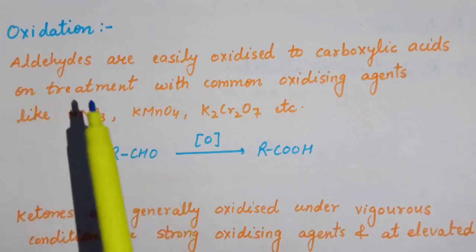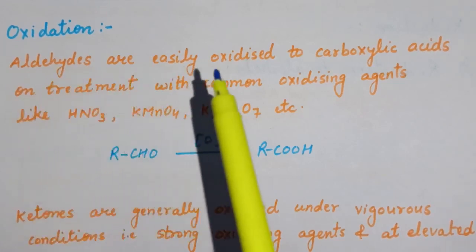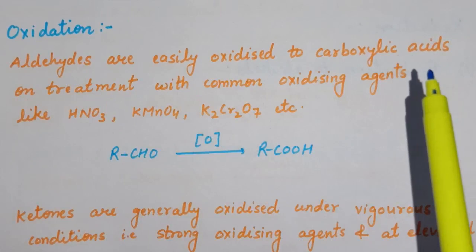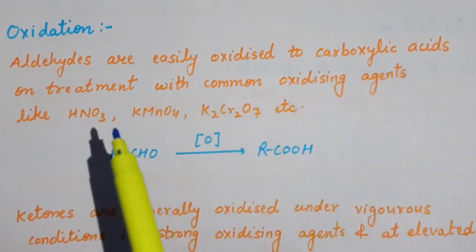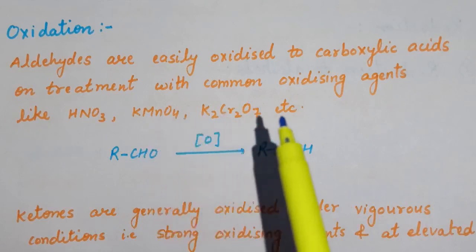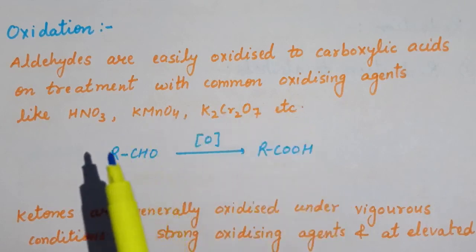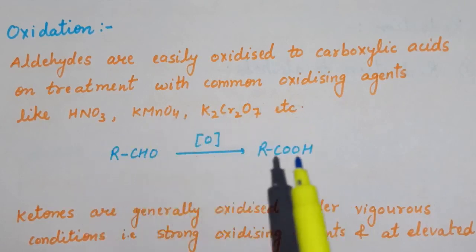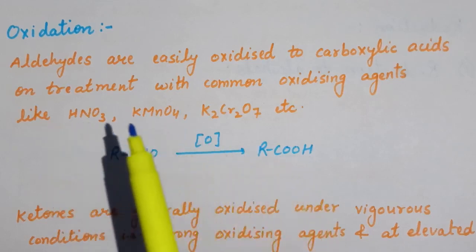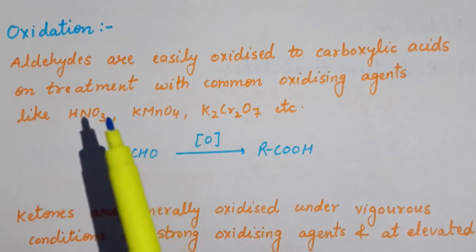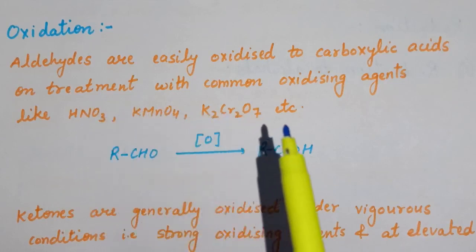Next is oxidation reactions. Aldehydes are easily oxidized to carboxylic acids on treatment with common oxidizing agents like HNO3, KMnO4, K2Cr2O7. So aldehydes, that is CHO group, is oxidized to carboxylic acid in presence of these oxidizing agents like HNO3, KMnO4 or K2Cr2O7.